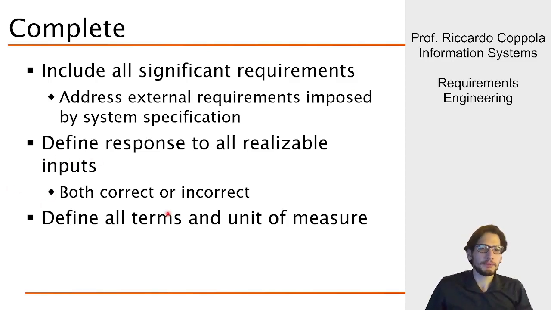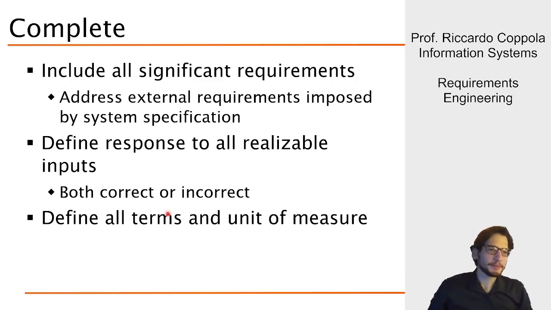There will be an interface, and I will be able to provide input to the system. In this case, I will define all the possible inputs, and I will create a requirement on what I expect from that input, what type of output I expect.